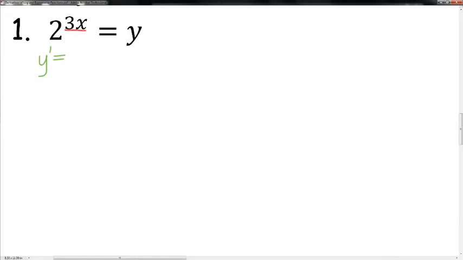So I have 2 to the 3x, not e to the x, 2 to 3x, and then I'm multiplied by the derivative of my power. Derivative of my power is 3. And the new part is I need to take the ln of my base. Well, my base is 2, so I need to multiply by the ln of my base, which is 2.